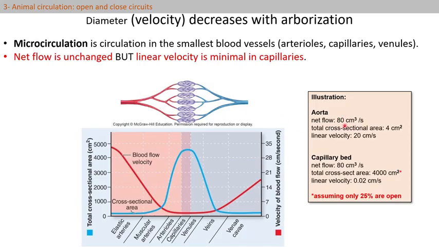You have 80 centimeter cube per second of net flow. Here, there's a capillary. You have also 80 centimeter cube per second. That's the same flow. However, here, the velocity is 20 centimeter per second, while here the velocity is 0.02 centimeter per second. Okay? So you can see that basically what it's saying is that for a given constant flow on the circuit, you use many more small pipes here, and that means the blood flows way slower.